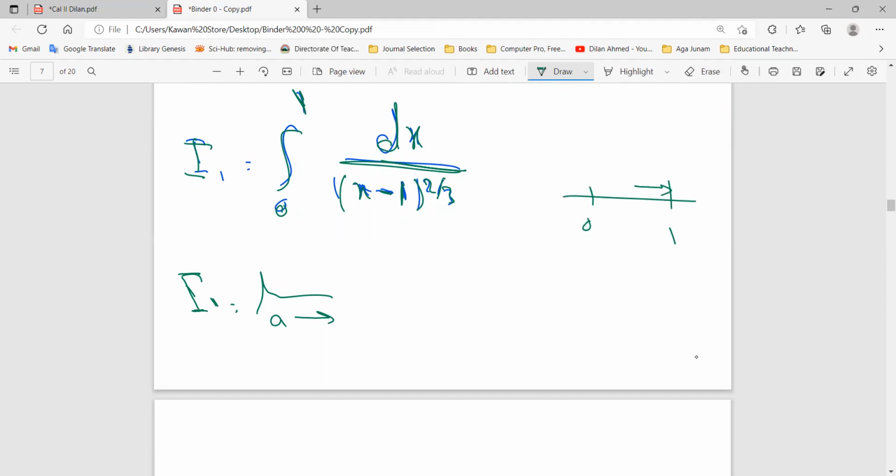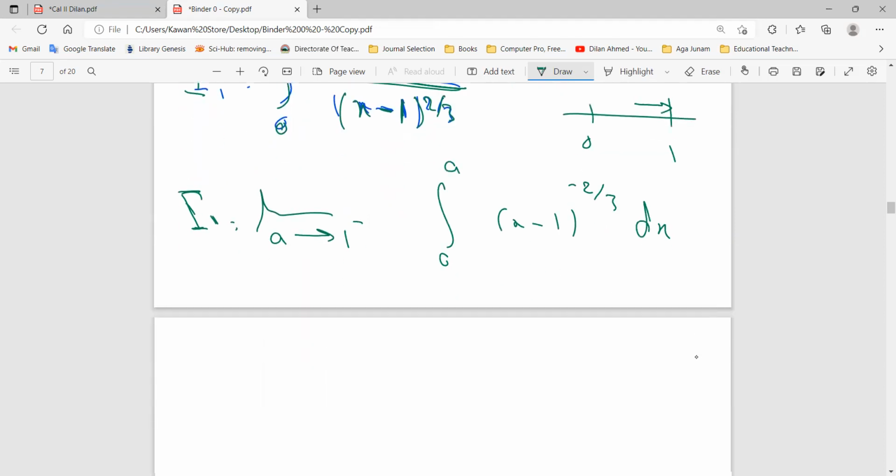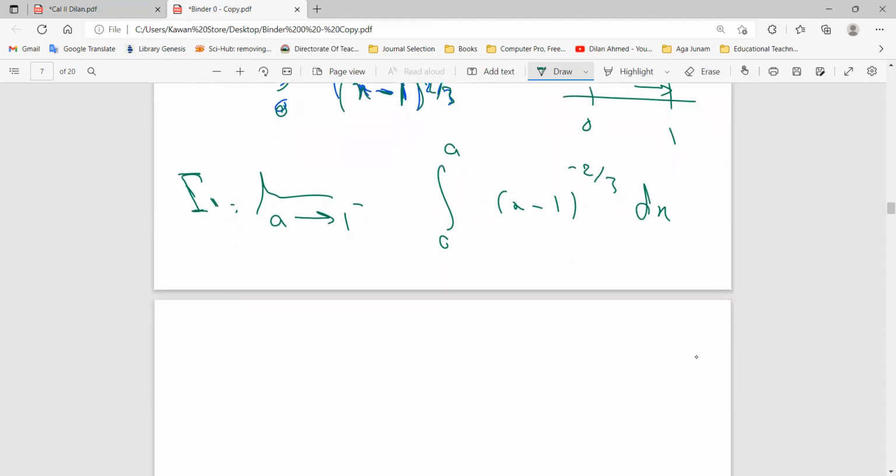I am here, right? So 1 from the left side. The integral from 0 to a of (x minus 1) to the power 2/3 dx. Now I have the box-d-box. Understood? Clear? Okay, so it equals the limit of a approaching 1. If I put plus 1, I will get what? How do you solve box-d-box?